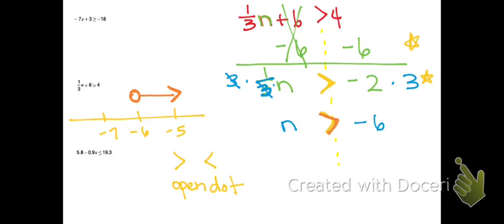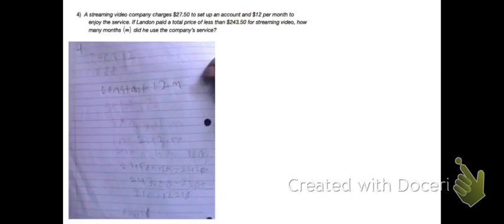Now let's take a look at the word problems. Now for this word problem, you have the inequality almost there. Notice that M is the number of months, and you wrote right here that they are charged $27.50 plus $12 per month.